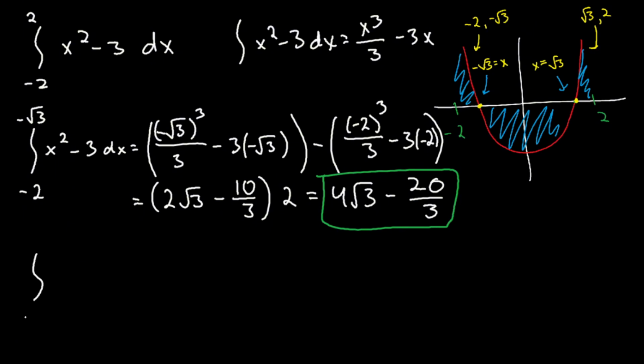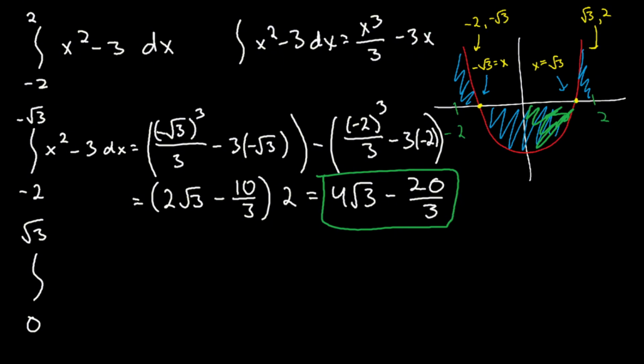All right, one last thing. Let's go ahead and solve for the area between the curve from 0 to square root of 3. And the reason why we're doing 0 to square root of 3, which is simply just this region right here, is because, again, the function's symmetric, so we can just multiply it by 2 rather than having to deal with the negative square root of 3 bound.